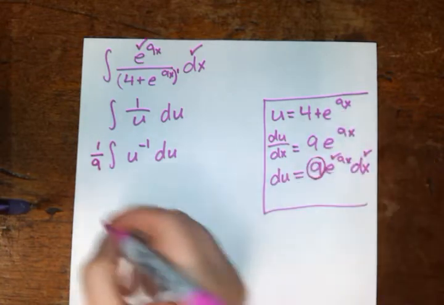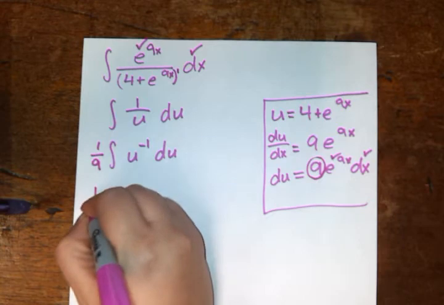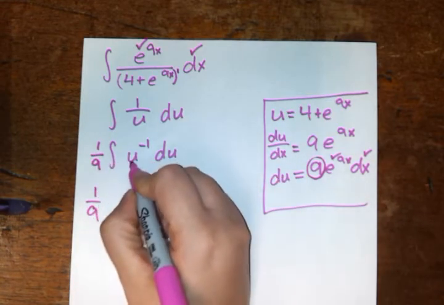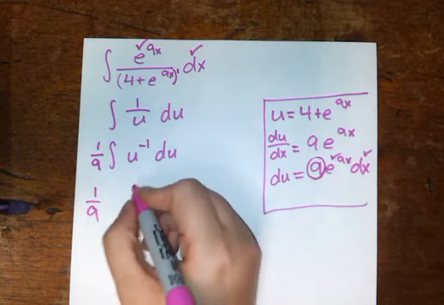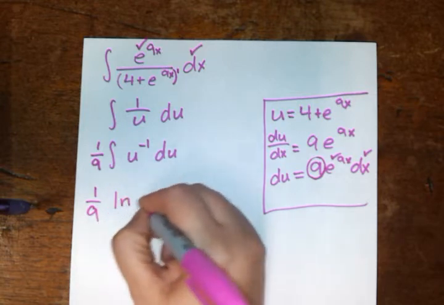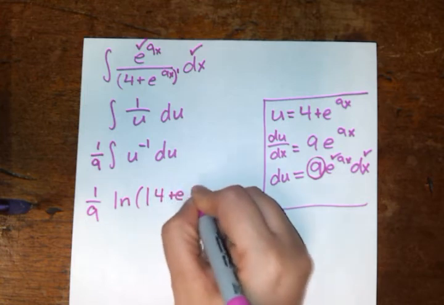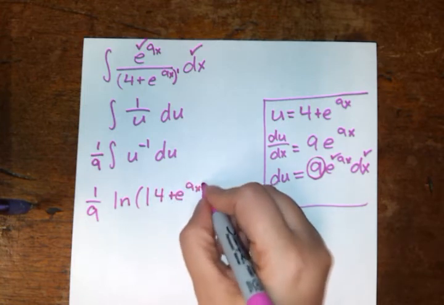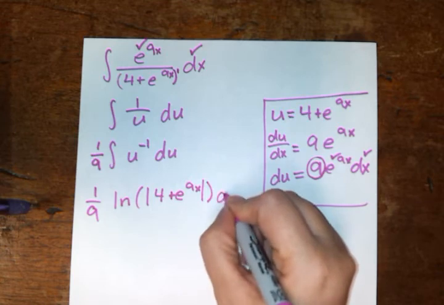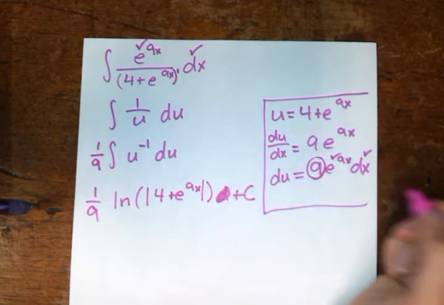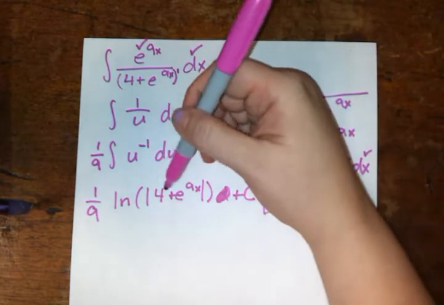Okay, so now let's take this integral. We have 1/9 times, well, the integral of u to the negative 1 du is going to be the natural log of the absolute value of 4 plus e to the 9x. Oops, I don't want a d, I want a plus c, sorry. Okay, but here's the thing.